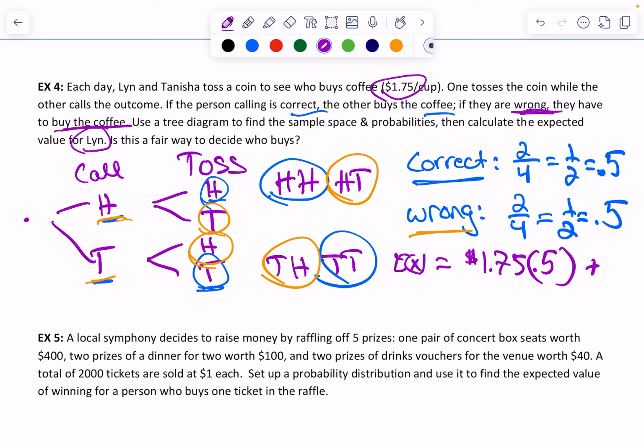And if they are correct, the other one buys, so that would be negative $1.75 for them, times the half for that one. So this would be the correct and that would be the wrong.